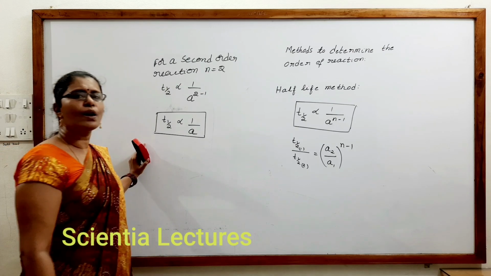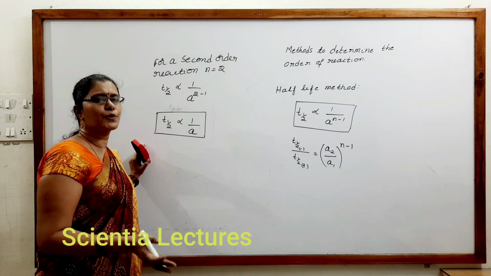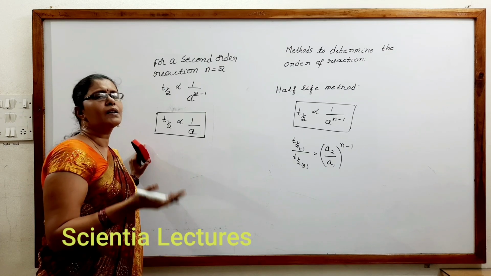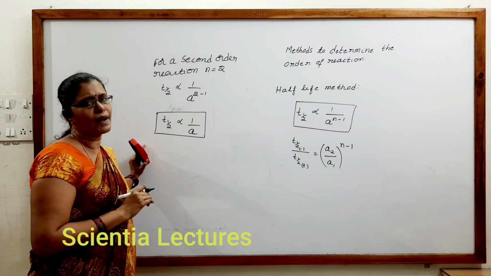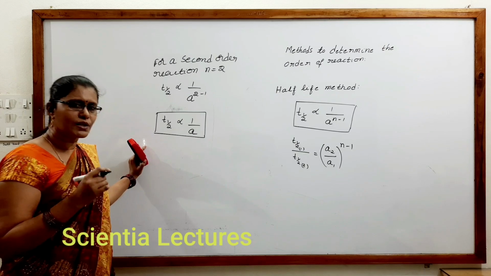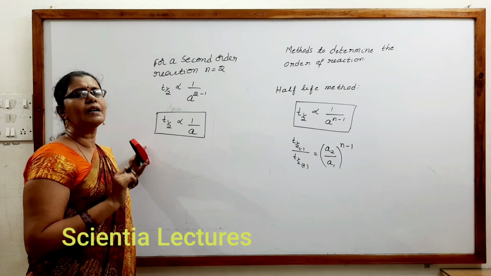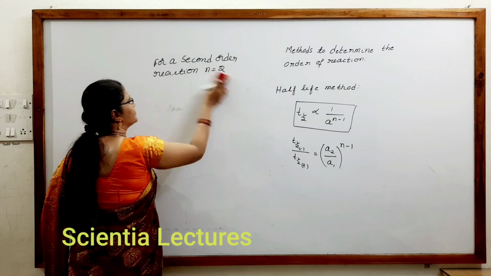If concentration of A is doubled, T half will get halved. Then it is a second order reaction. If concentration is doubled, T half will get halved, that will indicate the second order reaction.